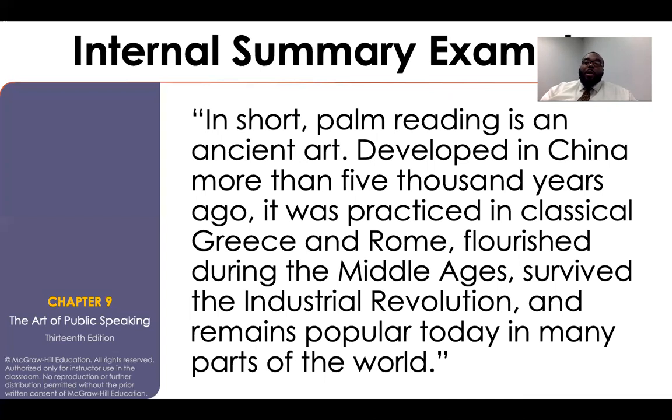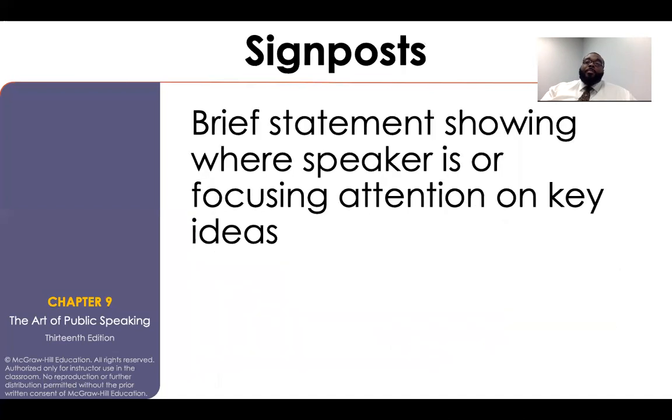This gives our audience members an idea that these are the four main points that we're going to discuss: the origin, at which point in time this particular thing flourished, what went on that allowed this particular thing to survive, and the idea that this thing is still being practiced today.